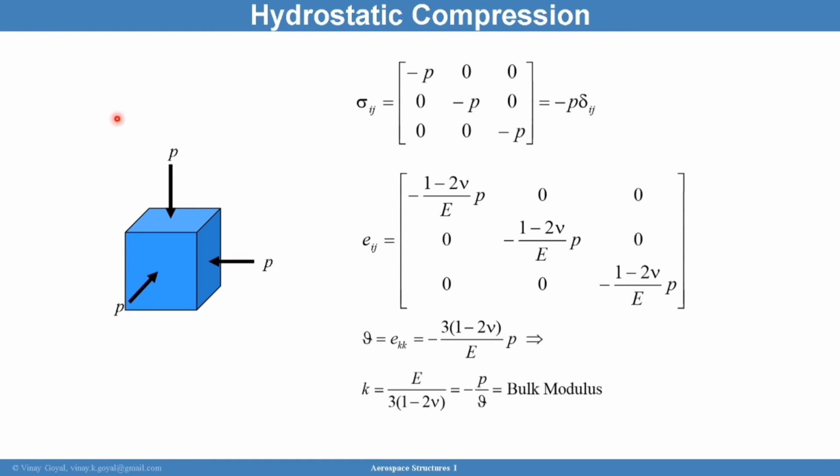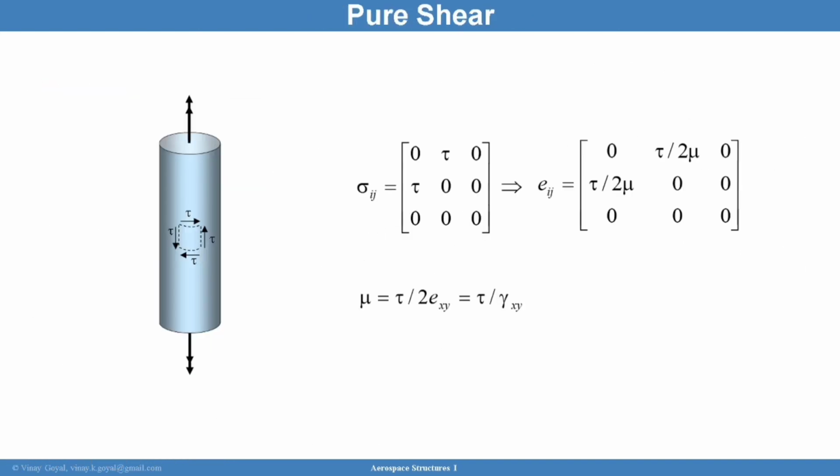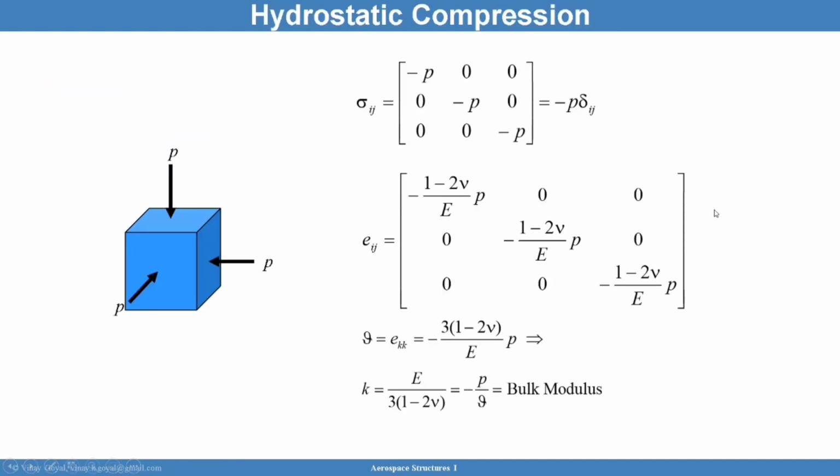And when you actually run this calculation, if I substitute this for minus P, this for minus P, and this for minus P, and do not account for thermal effects, I make this equal to 0, 0, and 0, then you get the hydrostatic compression case, and you get this relationship.